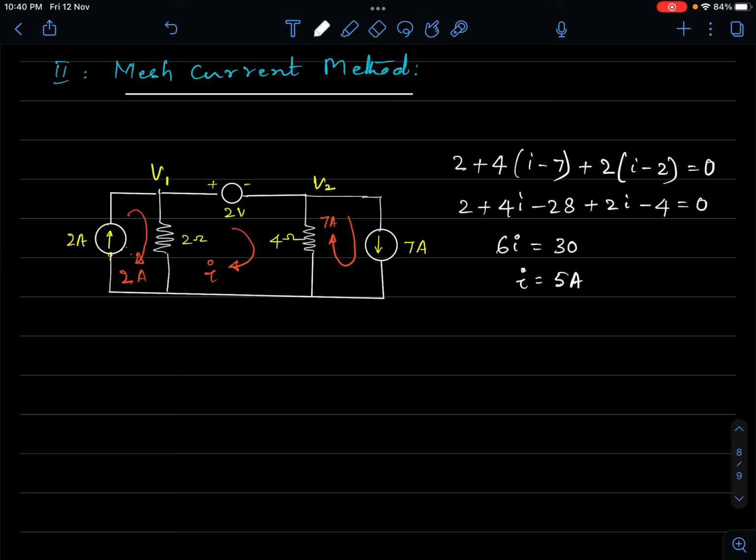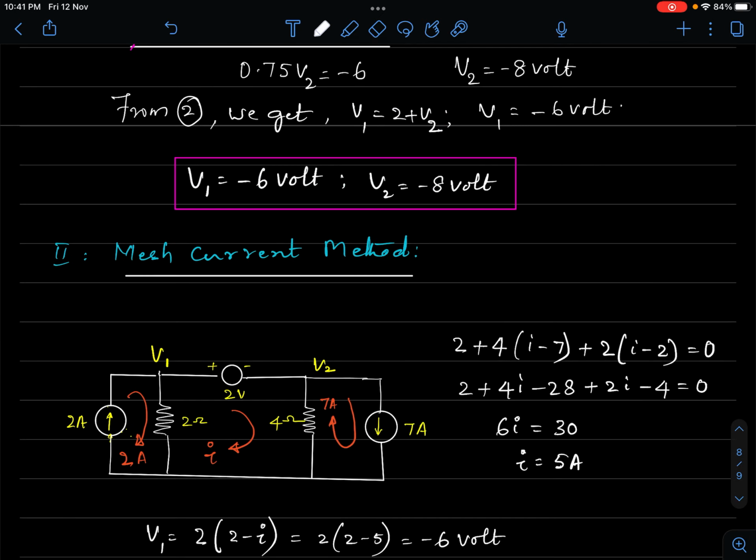The potential at V1 is 2 times the resistance times the current in the downward direction, that is 2 minus I, the current in the downward direction from the node to the datum, the reference. So this is going to be 2 into 2 minus 5. This is minus 6 volt.